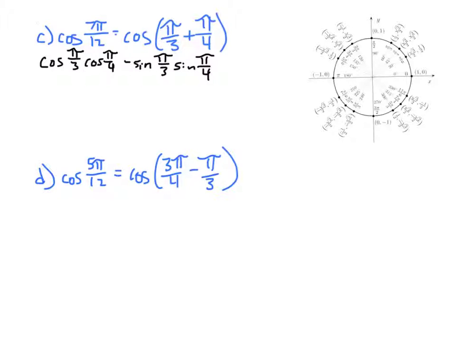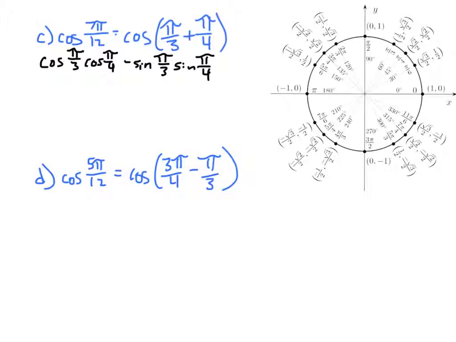So I go to pi over 3 on my unit circle over here. The cosine of pi over 3, the x value, is 1/2. The cosine of pi over 4 is square root of 2 over 2.